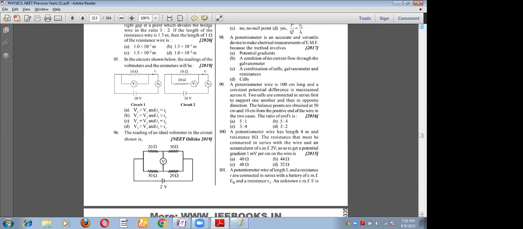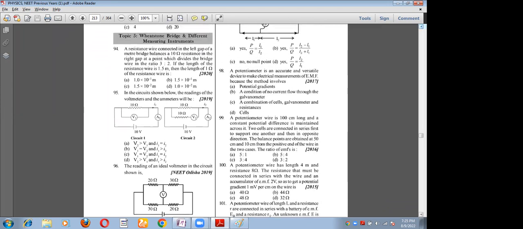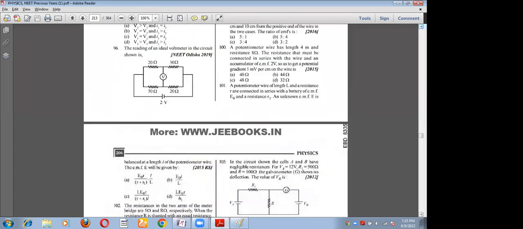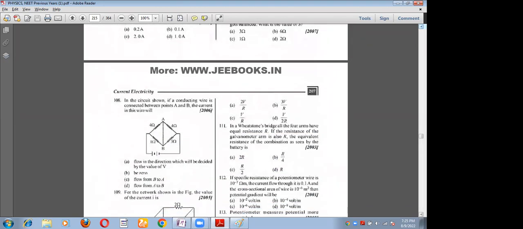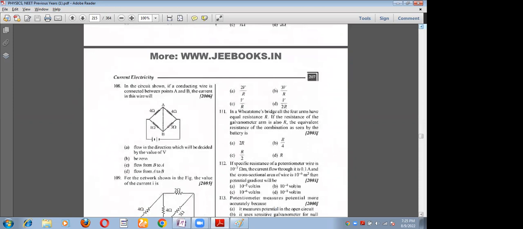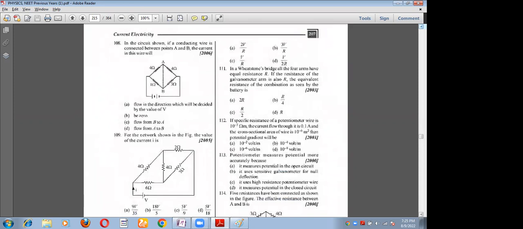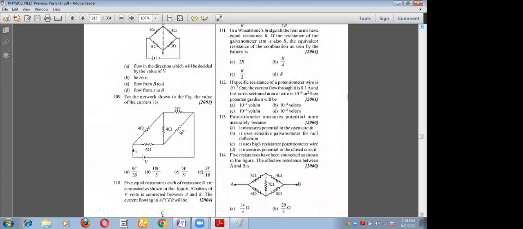No, not 96. Don't do 96. Do this question number 109.